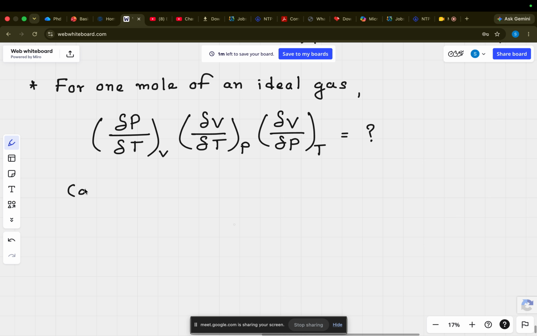They have given you 4 options: option A, minus 1; option B, plus 1; option C, minus r square by p square; and option D, r square by p square. Try to do this.